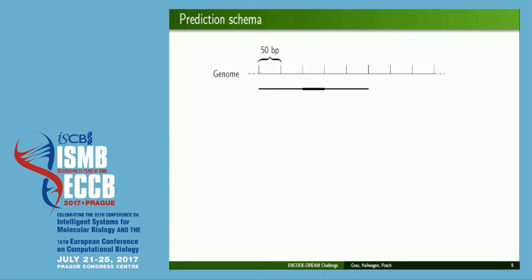So how do we make predictions in the end? We have the genome binned into those 50 base pair bins, and the training regions have been consecutive bins, and now the regions for which we make predictions are consecutive bins as well, centered at the bin for which we want to make the prediction if it is bound or not bound.